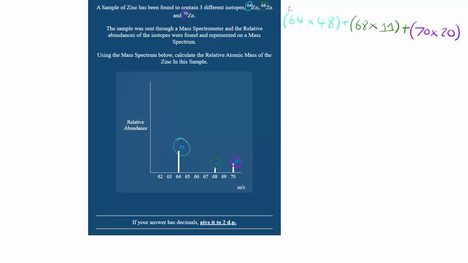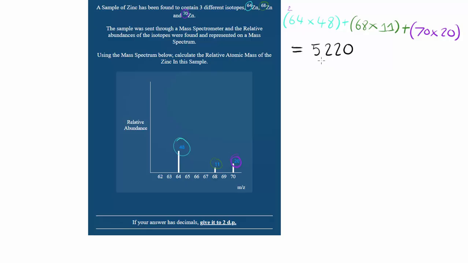Okay, so that is going to give us the first step. Feel free to work that out on your calculator, but once we do that, what we're going to get is 5220.